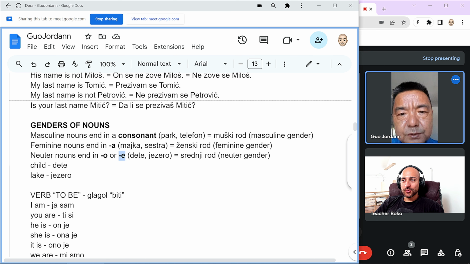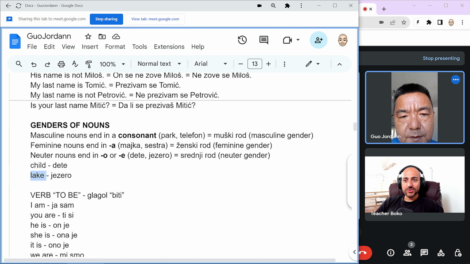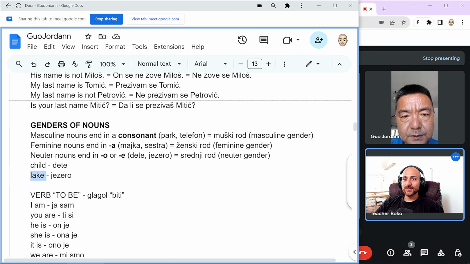For example, dete, a child, jezero, a lake. These words are neuter, which is of course very important for our language, because all the cases are going to be different in different genders.